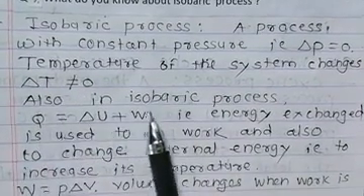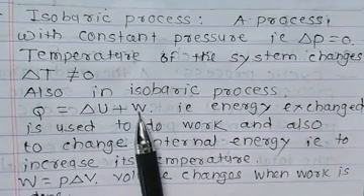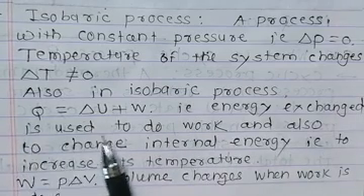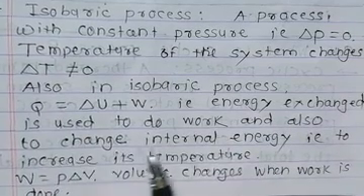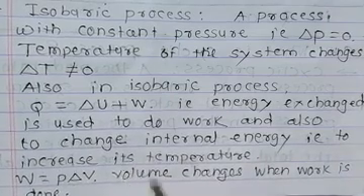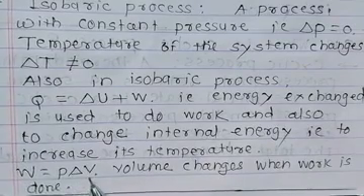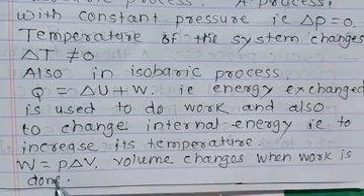Also, in isobaric process, Q is equal to delta U plus W, that is energy exchanged is used to do work and also to change internal energy, that is to increase its temperature. W is equal to P delta V. Volume changes when work is done.